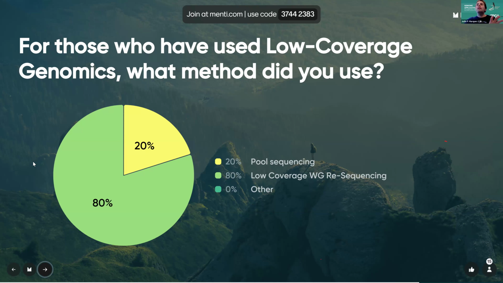The sequencing itself is the same, so the cost of the sequencing is the same, but the cost of the library is several times bigger. For example, in the case study that I just presented, it is 200 times bigger in the case of low coverage versus whole genome sequencing.